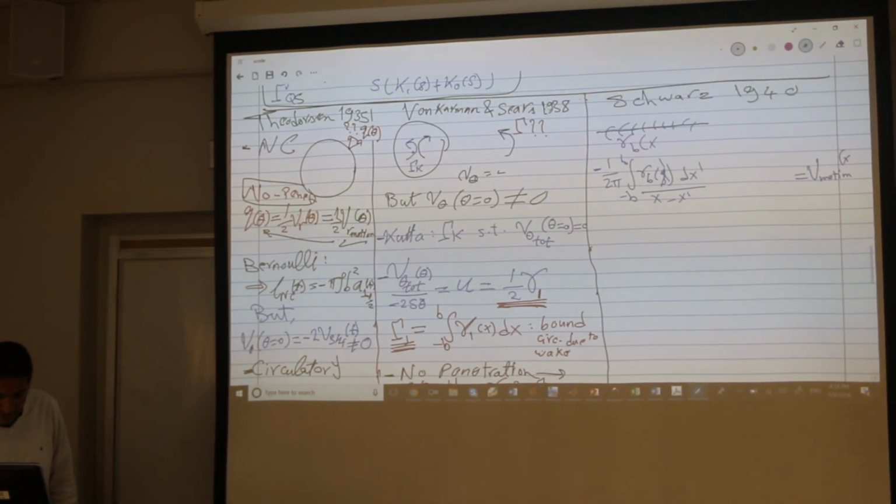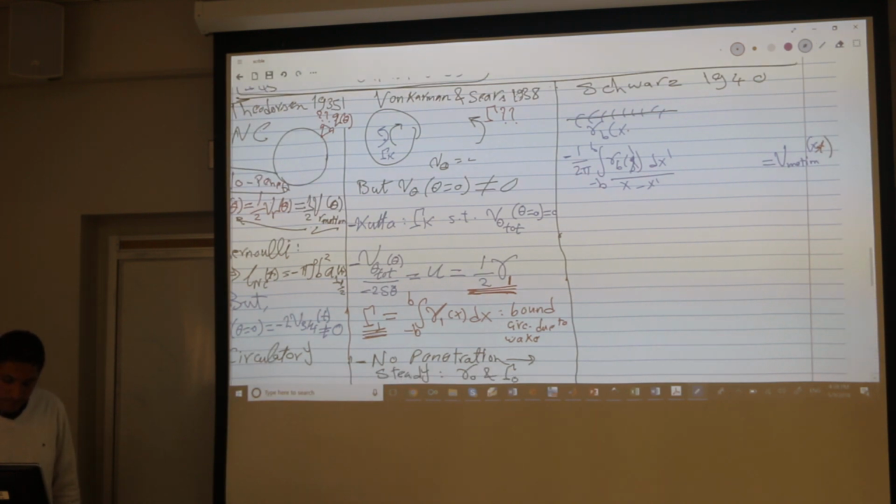If you want to do it unsteady, then this means that your v motion is a function of time, which immediately dictates that gamma bound is also a function of time. If you stop here, this is quasi-steady analysis. You have to add wake. And if you have wake as a function of x and t, then you need to add its term here, gamma wake.